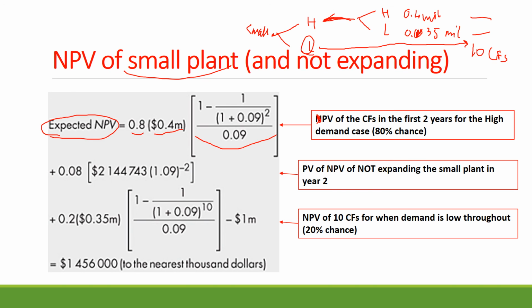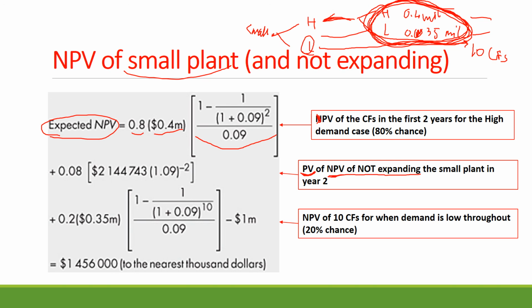We then have the present value of the NPV for not expanding, right? So this branch over here was already calculated from before, yeah? From when we decide whether to expand the project or not.